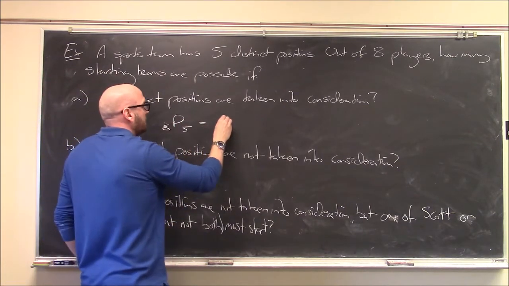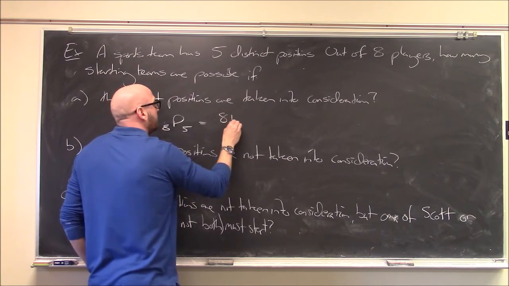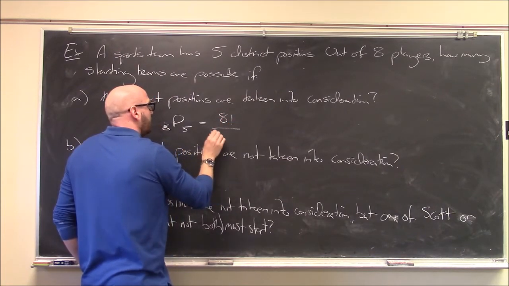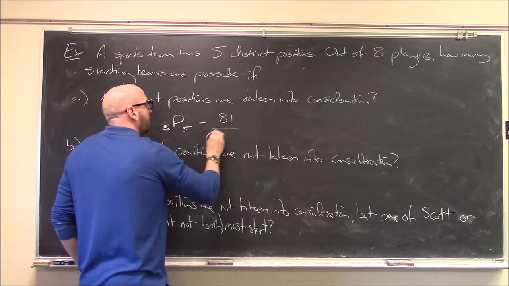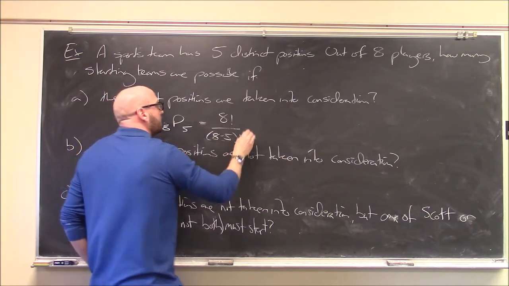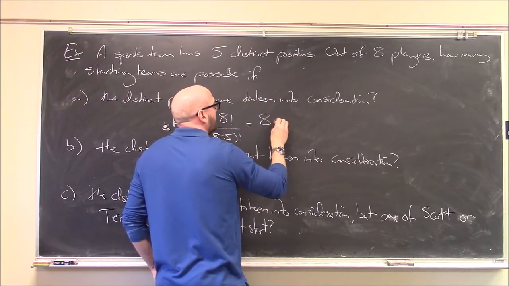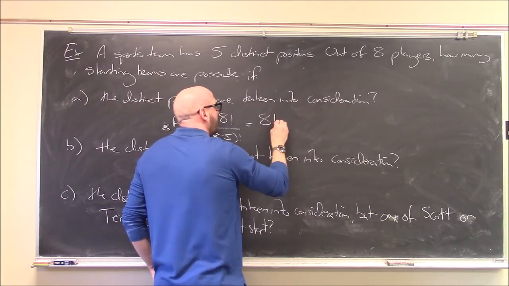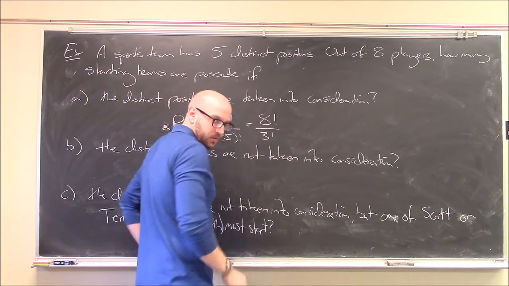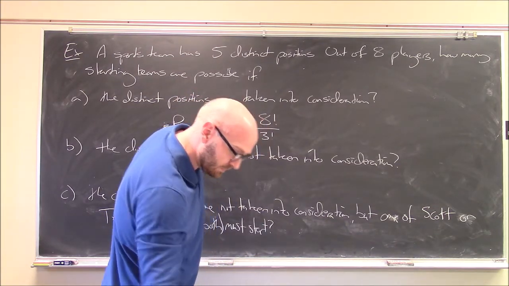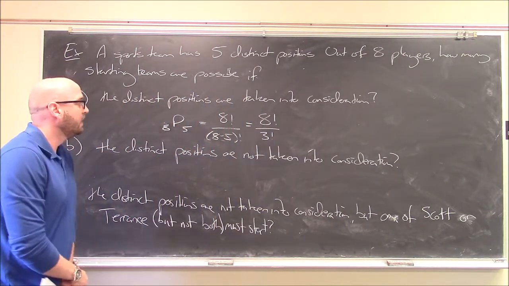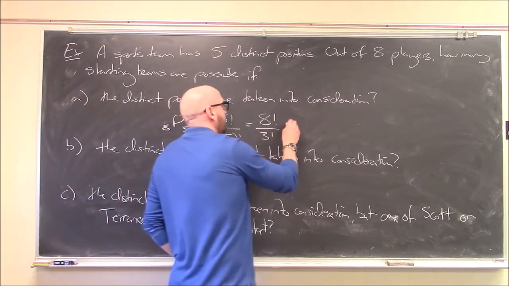So now we just go straight to our formula. This will be 8 factorial over 8 minus 5 factorial, which is 8 factorial over 3 factorial. Alright, so you compute this, I guess we could maybe do it by hand.